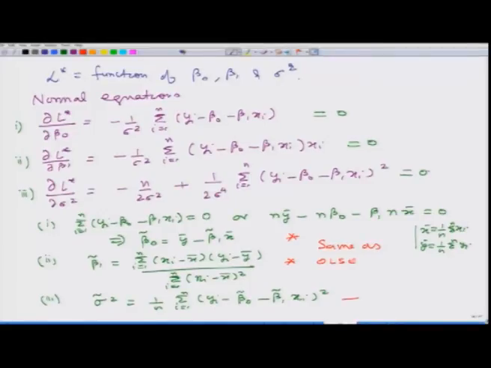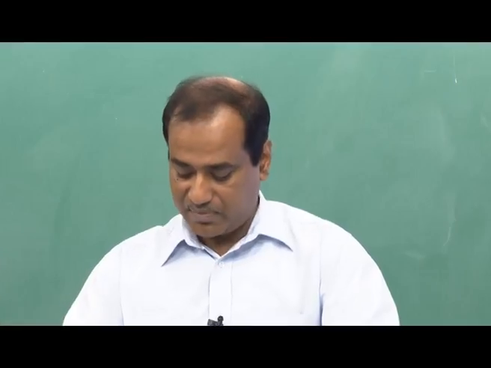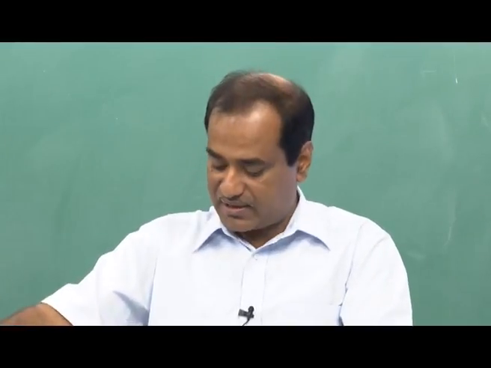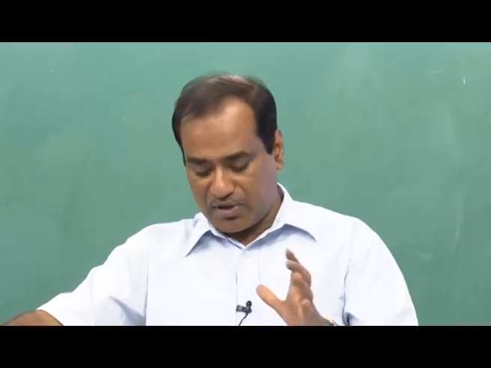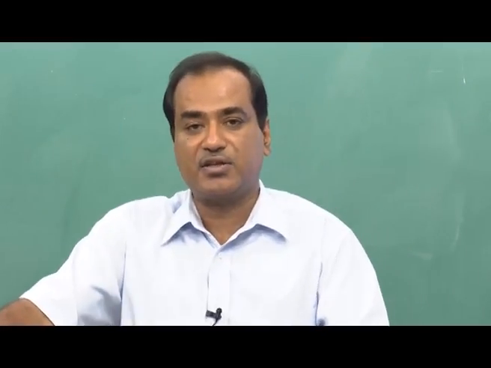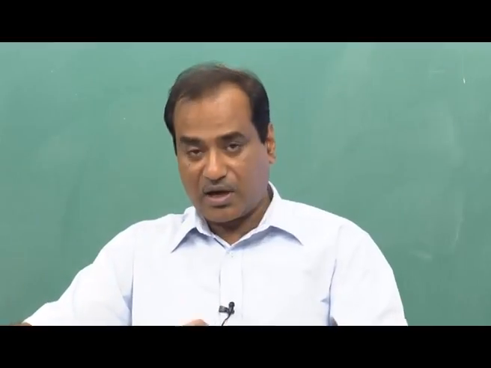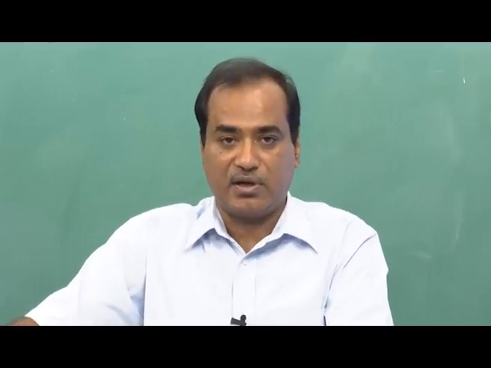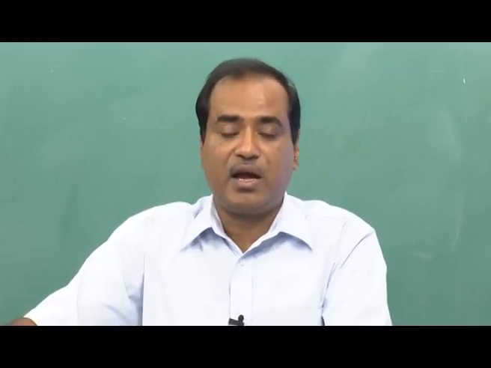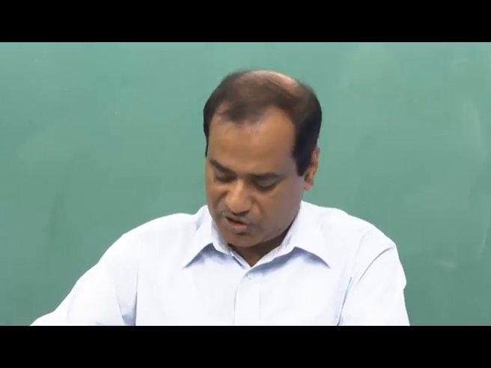But this is different from the least square estimator of sigma square. If you recall, that was 1 over n minus 2, summation i goes from 1 to n (y_i minus beta 0 hat minus beta 1 hat x_i) whole square. So, the difference between the maximum likelihood estimate and least square estimate of sigma square turns out to be only because of the divisor. Here in this case the divisor is n and earlier the divisor was n minus 2.